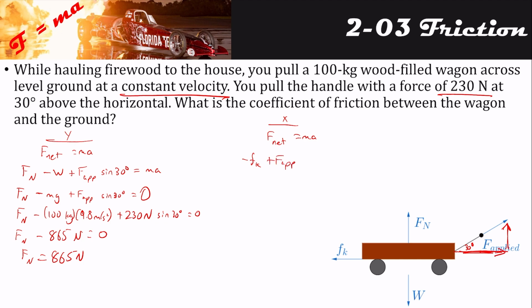The x component is adjacent to the angle, so we'd use cosine of the 30 degrees. Friction is mu times the normal force. And it's constant velocity, so there's no acceleration. We're looking for the coefficient. Normal force is 865, which we got from the y component.